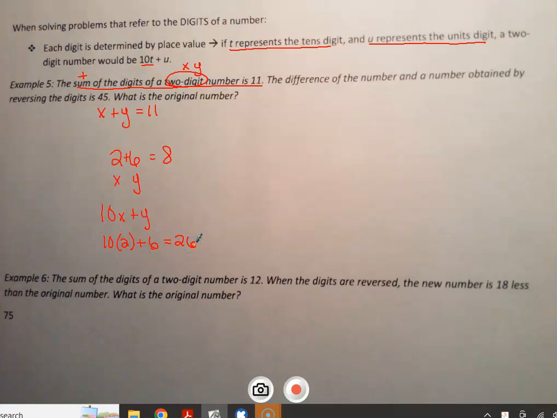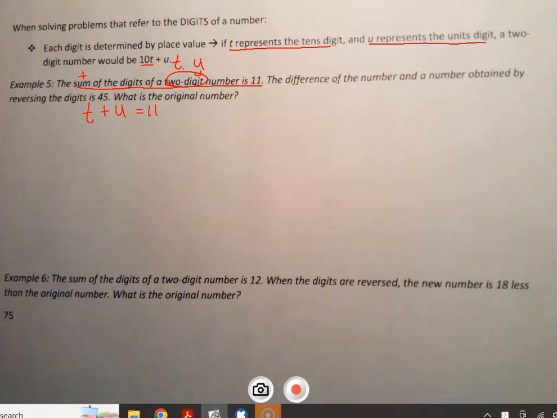That might have been more confusing to you, hopefully it wasn't, but I also need to fix my mistake here, because I told you we're going to use t and u, and you will always use t and u. So I can fix it. We're going to have t and u: the tens digit plus the ones digit, or the unit digit, equals 11.